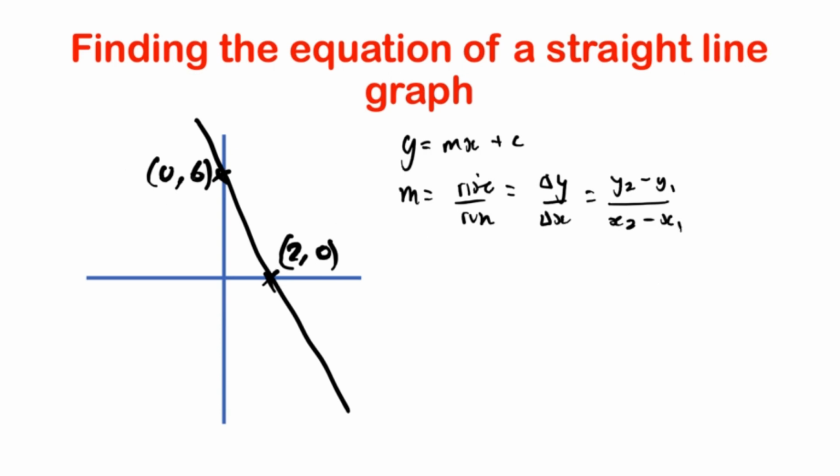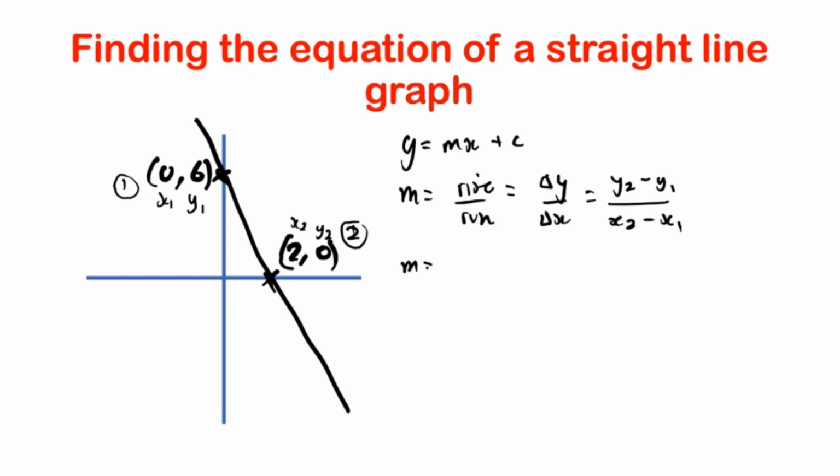You start from the left, label that coordinate number 1, and the one on the right number 2. So 2 would be x2, 0 would be y2, 0 on the coordinate on the left would be x1, and 6 would be y1, because this is coordinate 1 and coordinate 2.